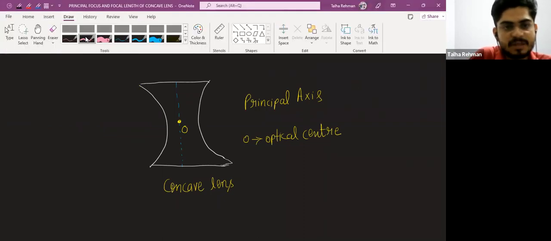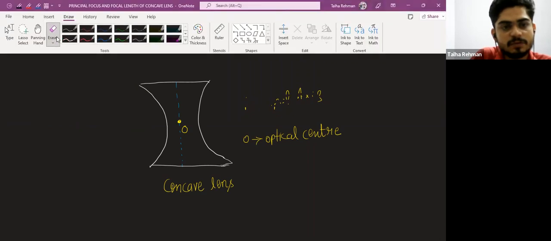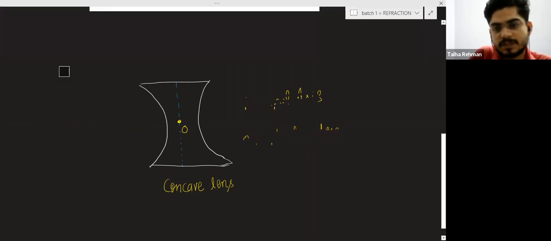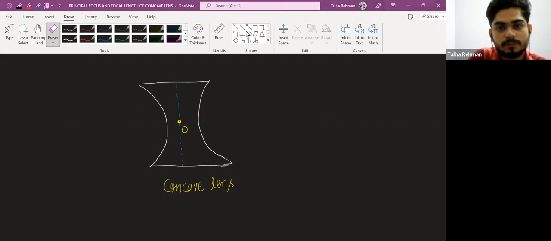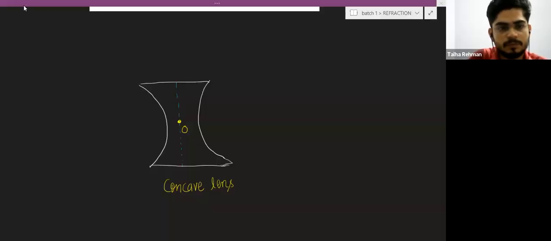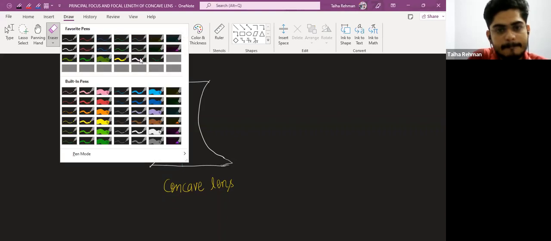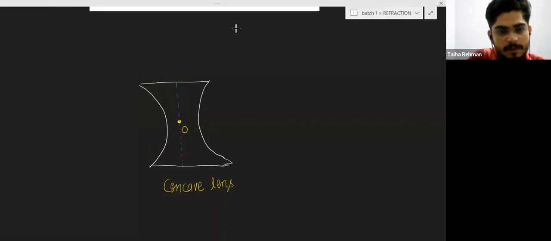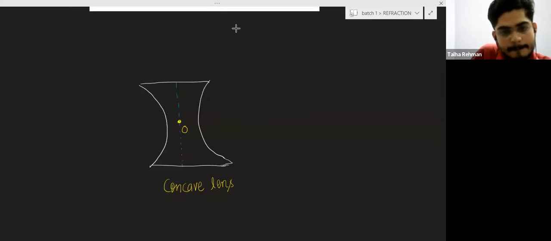Suppose we have this concave lens. This line is the principal axis.